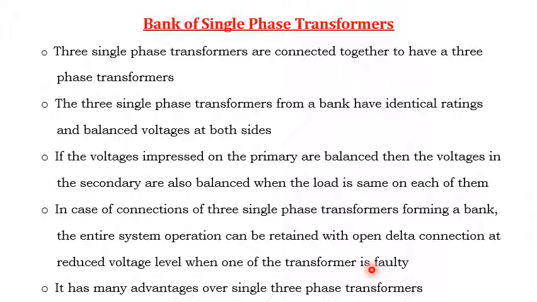If any one of the transformers is faulty, the system is still in working condition with open delta connection. In the next video, we'll study the connection of a three phase transformer, where we'll explain what is meant by the delta connection.